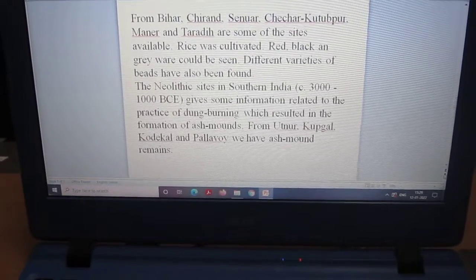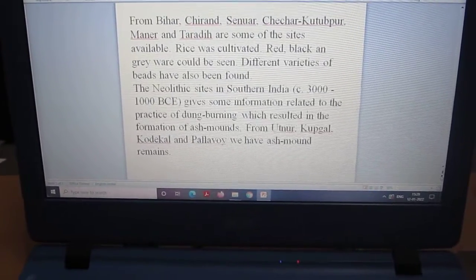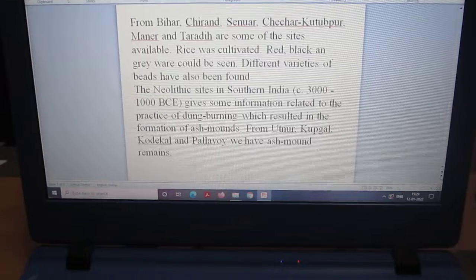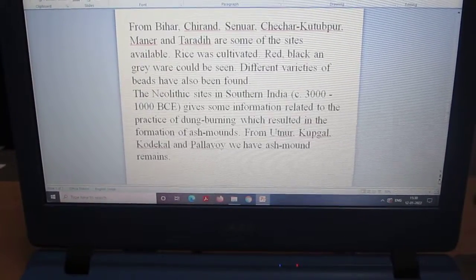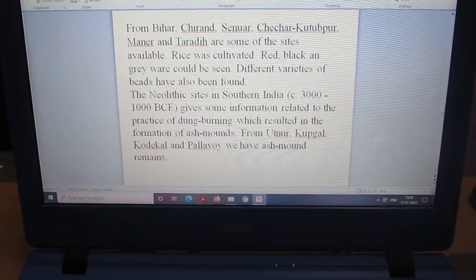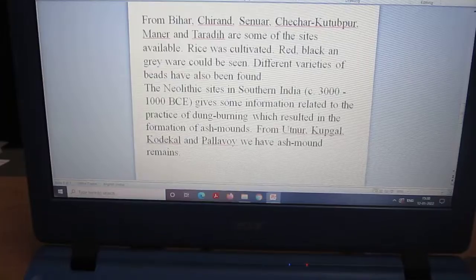From Utnur, Kubgal, Kodekal and Pallavoi, we have found some ash mounds. These ash mounds indicate that they were burning cow dung or cattle dung from the cattle they had domesticated. So this is an important finding from southern India.